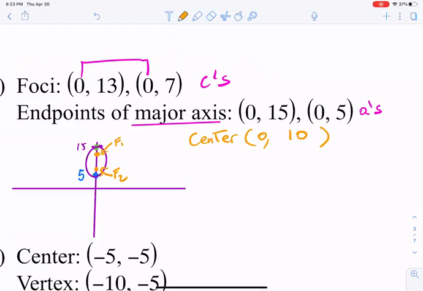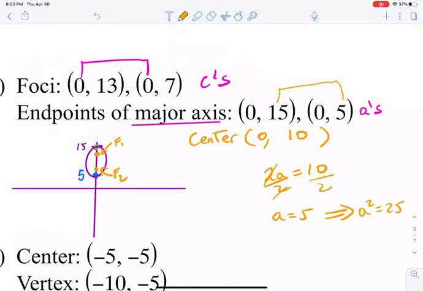Nothing is changing in the x-axis, but in the y-axis something is happening. What is the distance from 5 to 15? That would be 10. So 2a equals 10, divide by 2, a equals 5. Therefore, a squared equals 25.